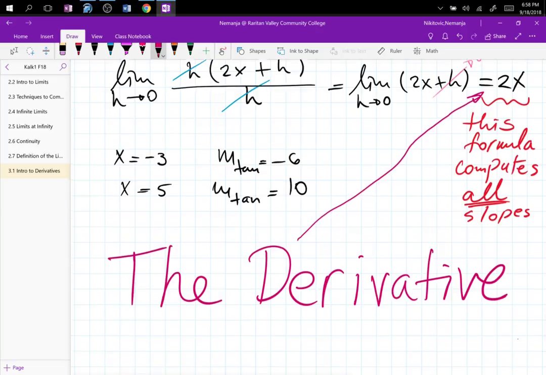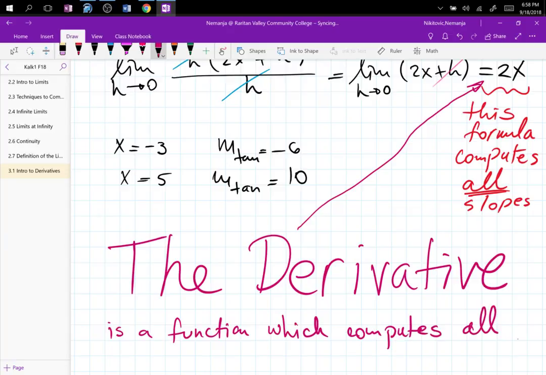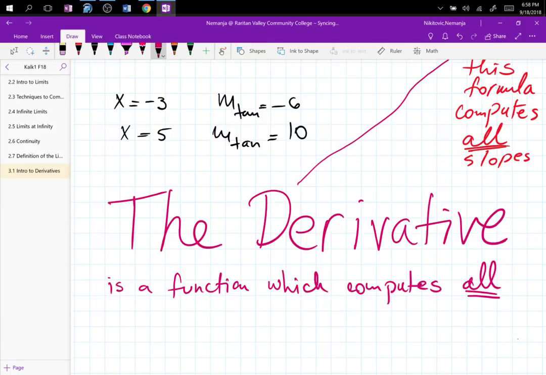The derivative is a function which computes all slopes of the tangent line. So that's what the derivative is.